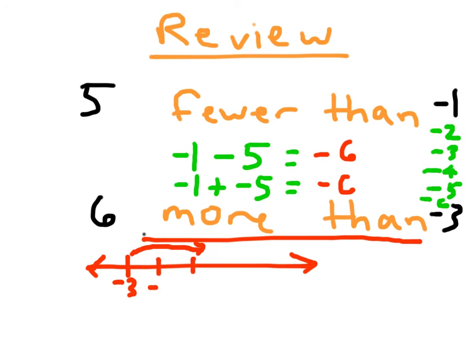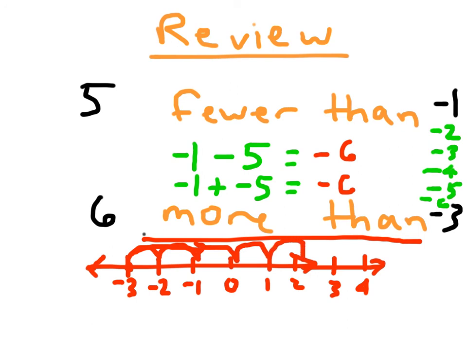This is labeled negative 2, and then negative 1, and then it is 0, then 1, then 2. I think we need at least a few more. We'll go right 3, and then there's 4 as well. I know that we don't need that, but I will show it to you. So start at negative 3, 1, 2, 3, 4, 5, and 6. So 6 more than negative 3 is 3.